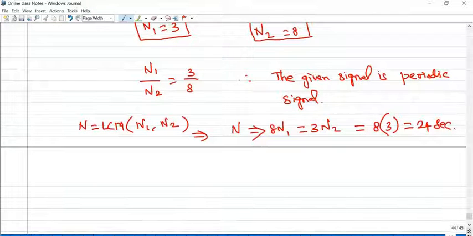The fundamental time period is 24 seconds.